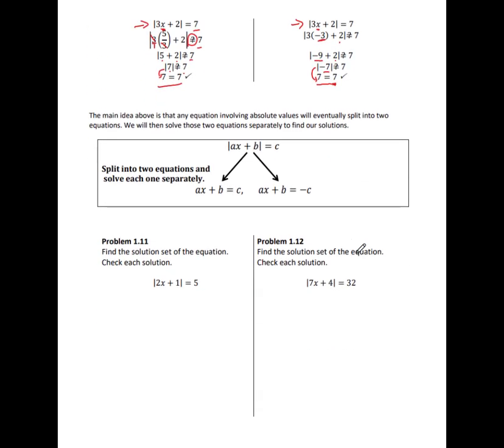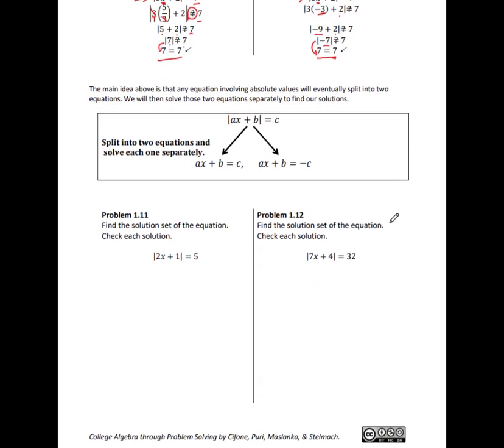Okay. Now, the main idea above is that any equation involving absolute values will eventually split into 2 equations. Then we will solve those 2 equations separately to find our solutions. So that's the main idea in solving such equations. You're starting with some absolute value.